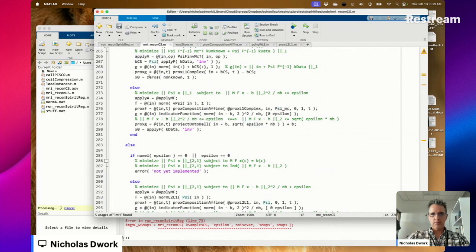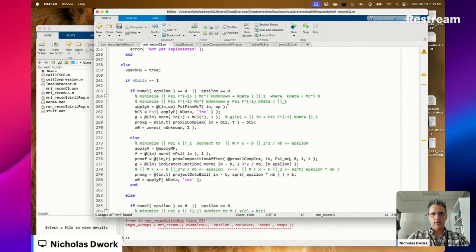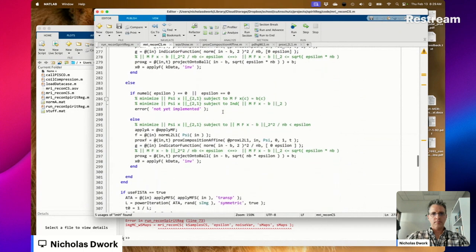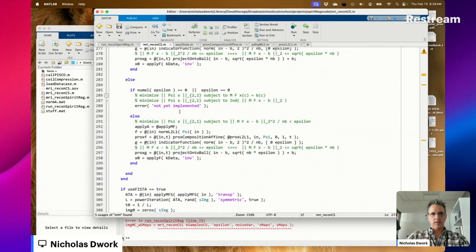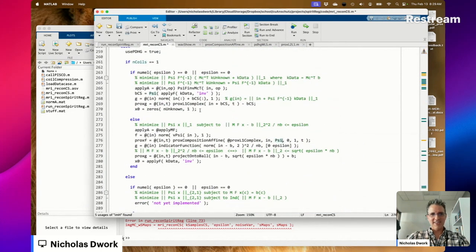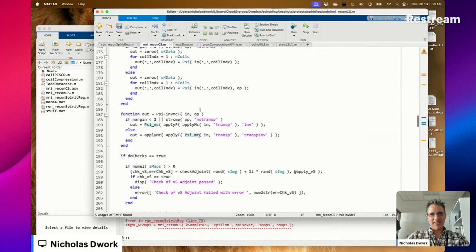But here I want to set the multi-coil version. Here again, I want the multi-coil version. Wait, this is for single coil. Pretty tough, man, pretty tough.